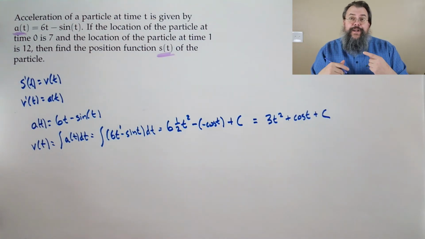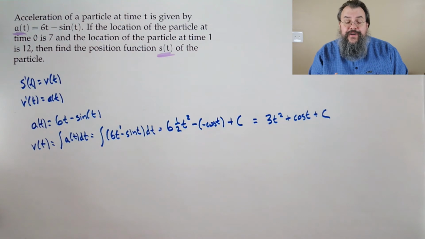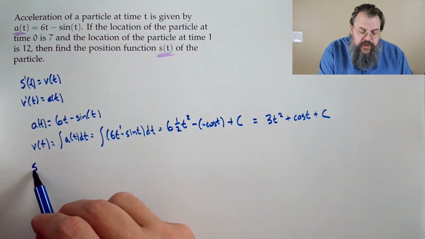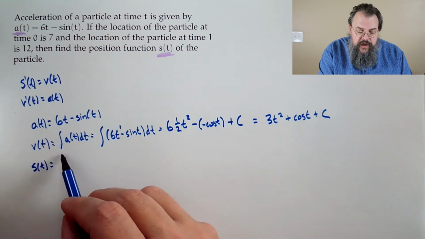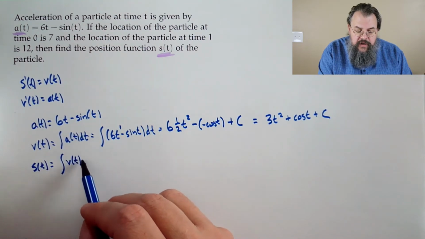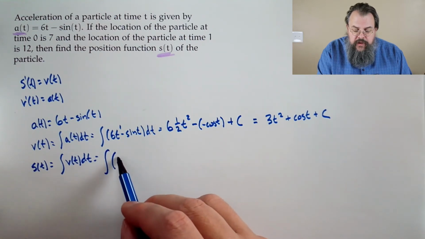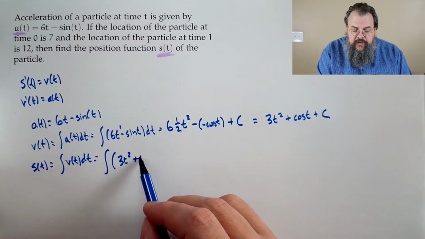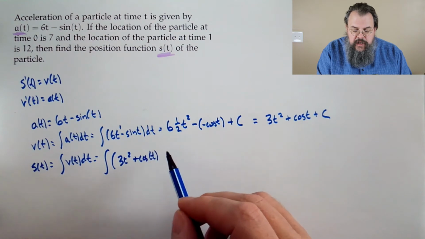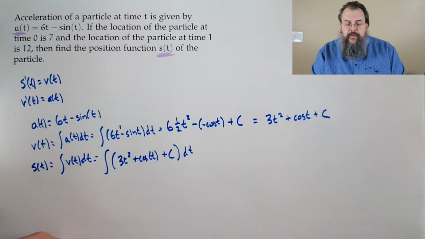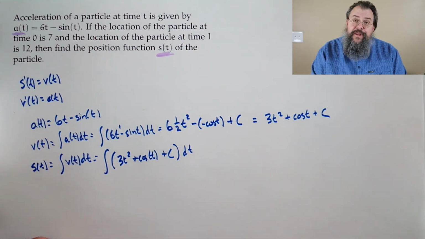All right, now we're ready to do another round. Now we have velocity, and position is the integral of velocity. So you're going to integrate 3t squared plus cosine t plus c dt. And I might say, can we integrate plus c?